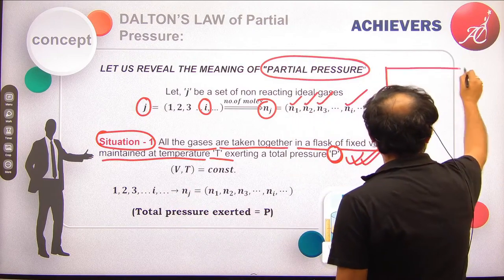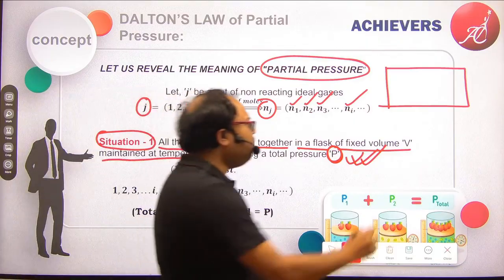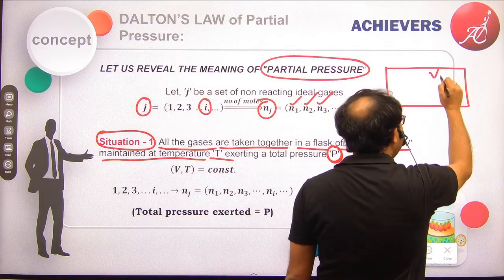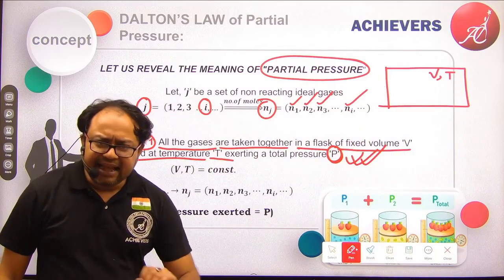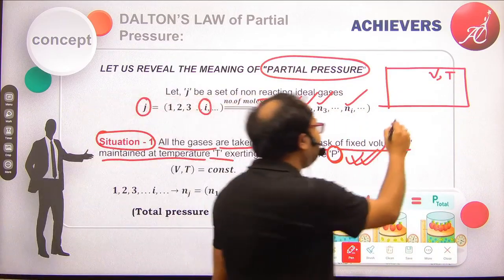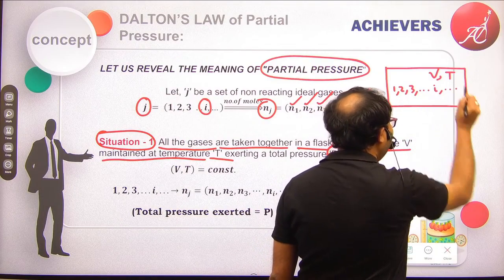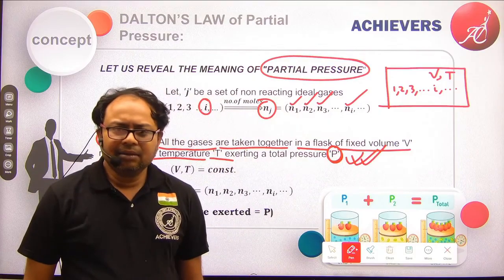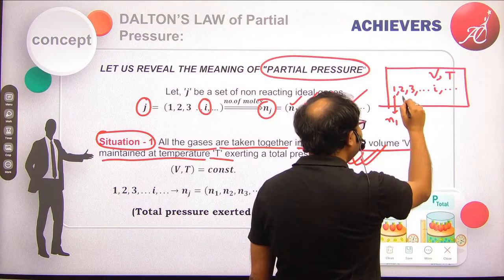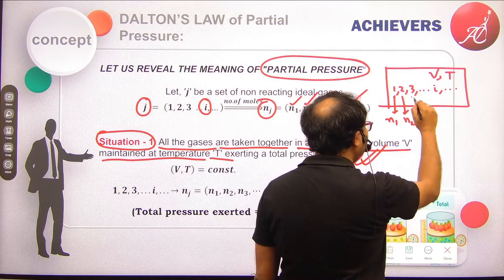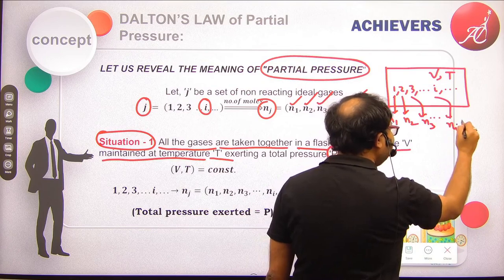So what you have? You have a flask, a container, whose volume is V, and you are keeping a constant temperature T, and this container contains all the gases 1, 2, 3, I, etc. And the number of moles for gas 1 is N1, the number of moles of gas 2 is N2, of 3 is N3, of I is Ni, and so on.